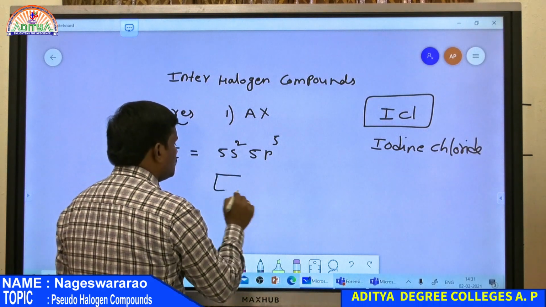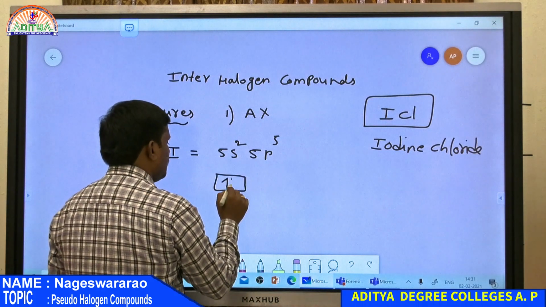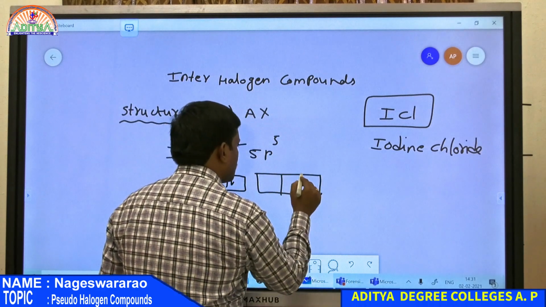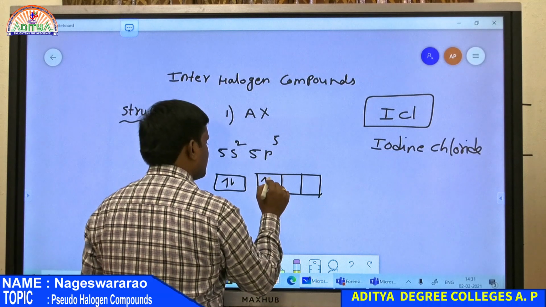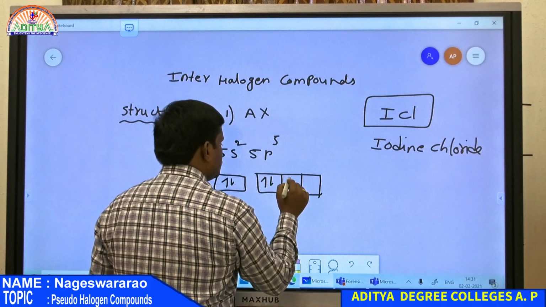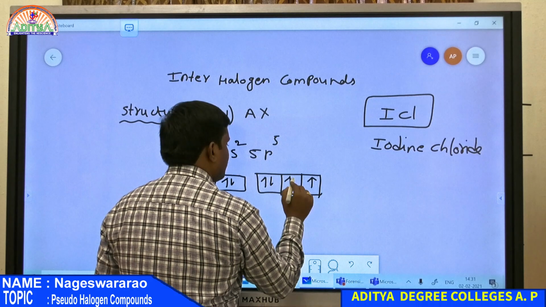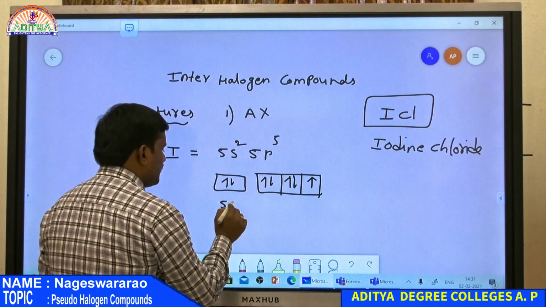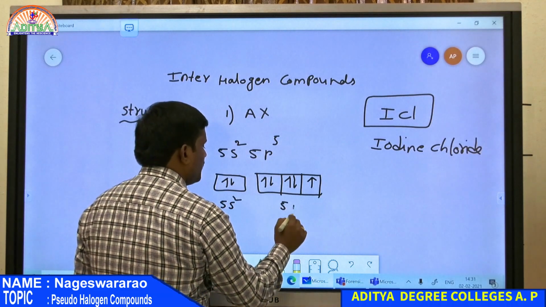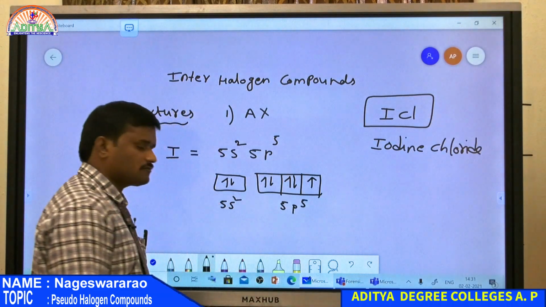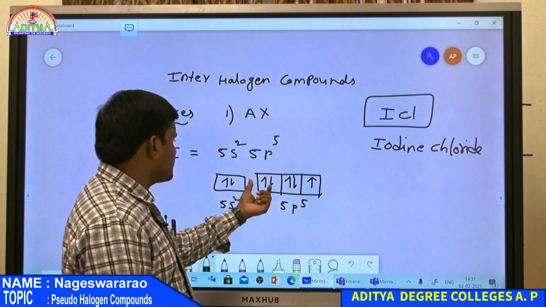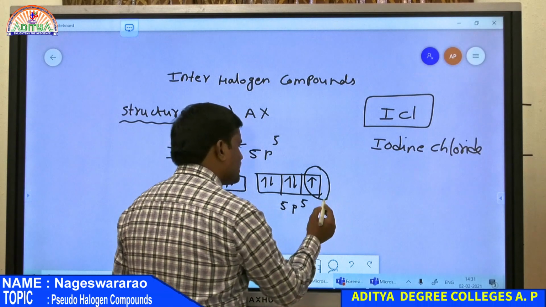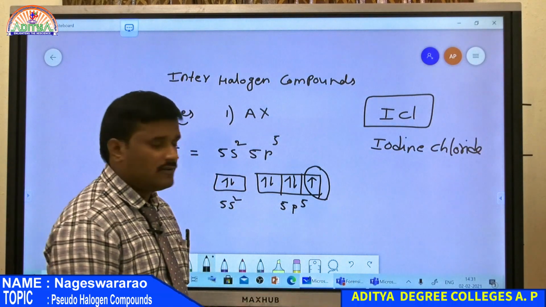Two electrons are present in the s orbital and five electrons are present in the p orbital. All the electrons are paired up with each other except one electron. Therefore this electron is available for bond formation with Cl.